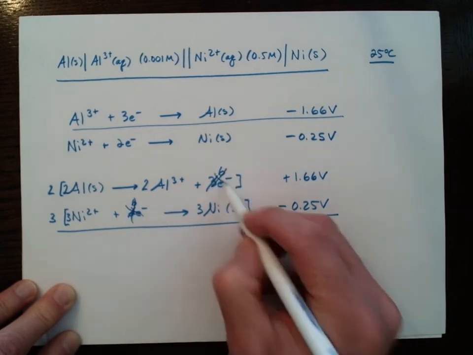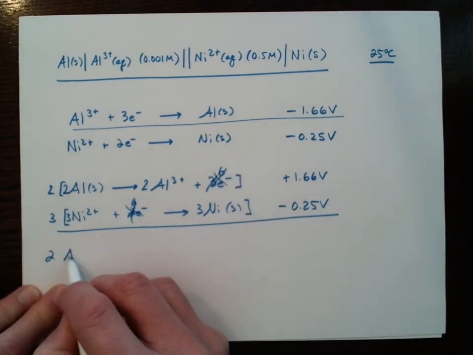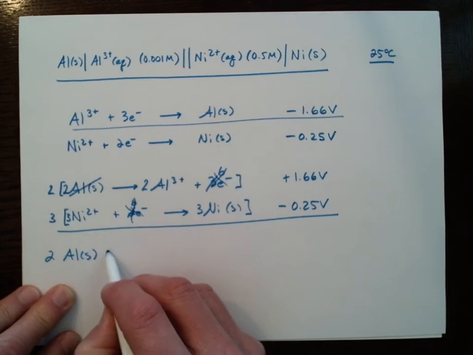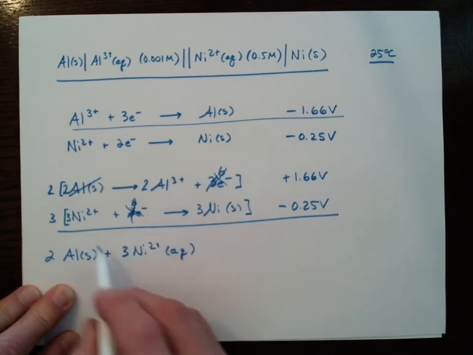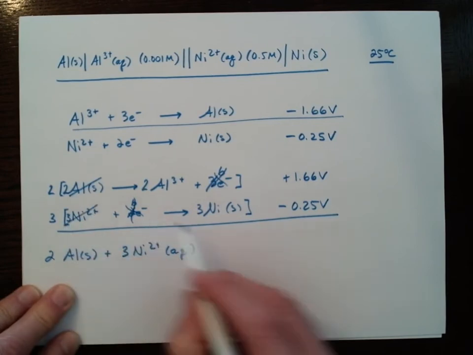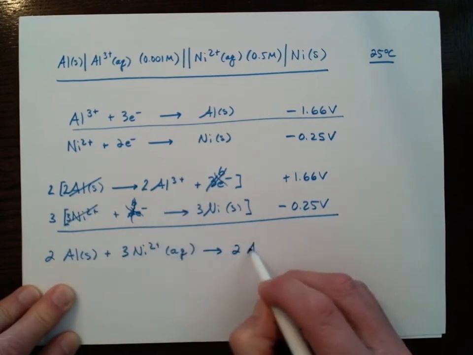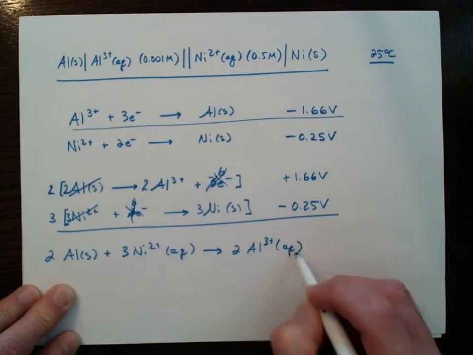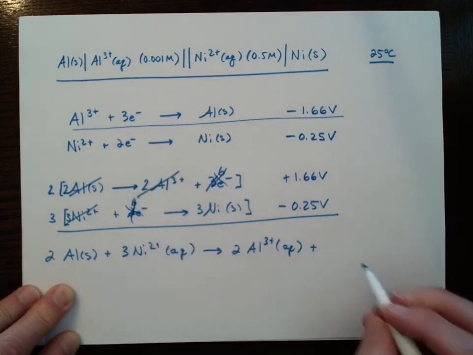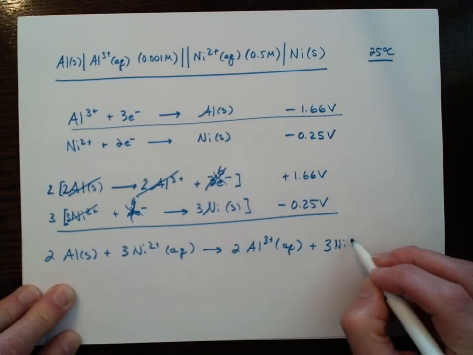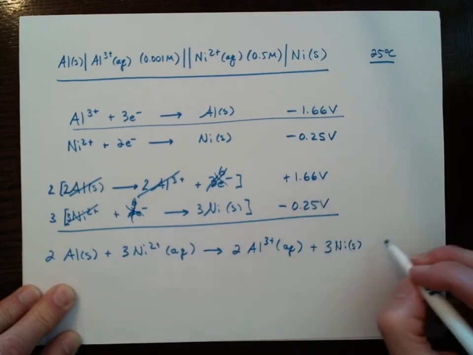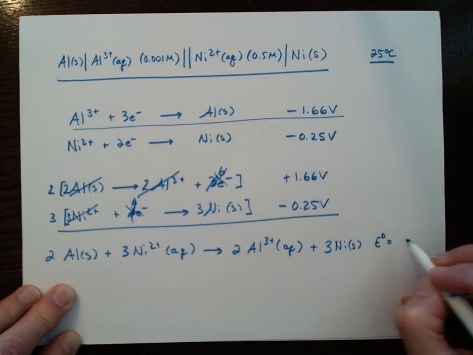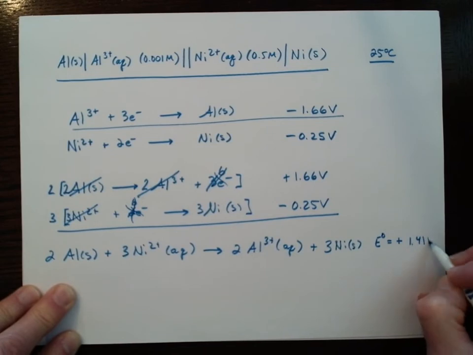My electrons will cancel, and my overall reaction will be 2 aluminum solid plus 3 nickel 2 plus ions goes to 2 aluminum ions plus 3 nickel solid, and if I add those together, that's going to be a standard cell potential of a positive 1.41 volts.